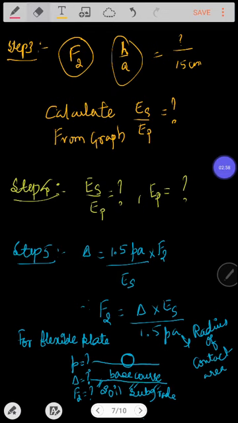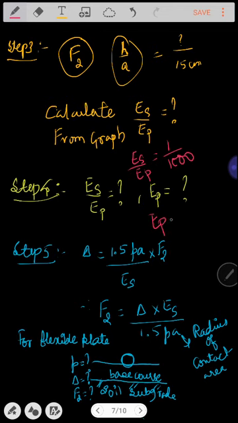So after having calculated the value of Es upon Ep, you can calculate the value of Ep. For example, if the Es upon Ep value happens to be around 1 upon 1000, which means Ep is equal to 1000 times Es. What does it indicate?